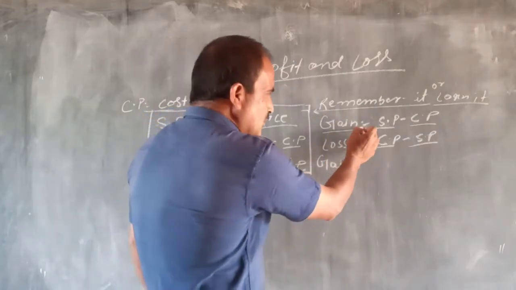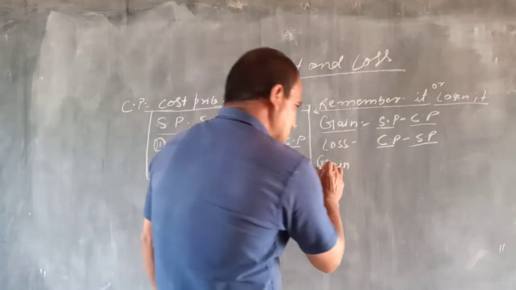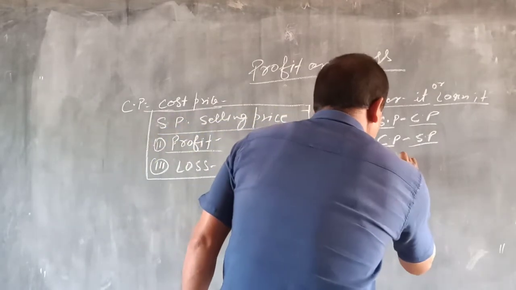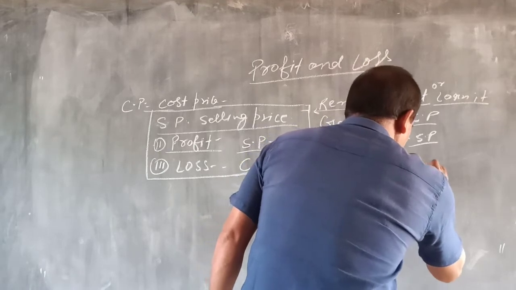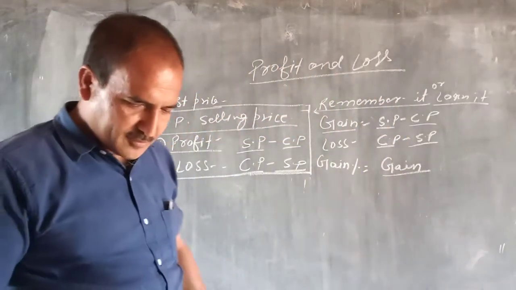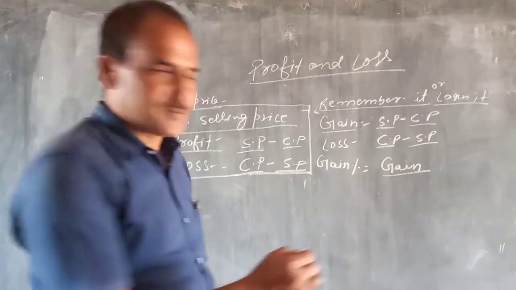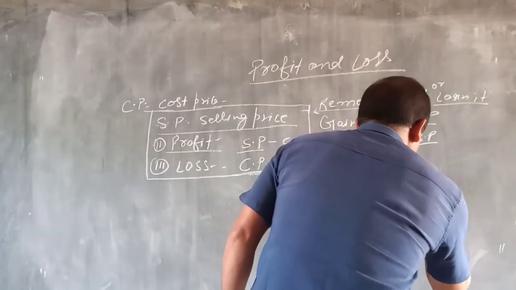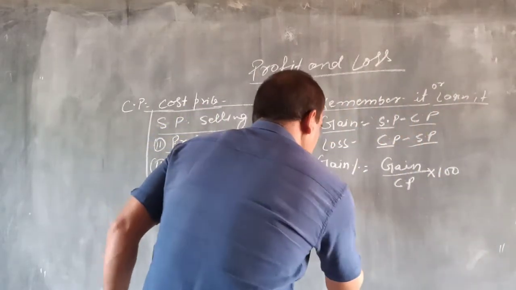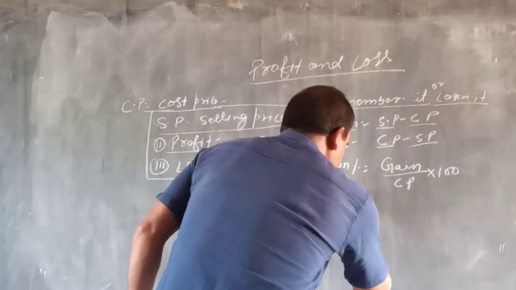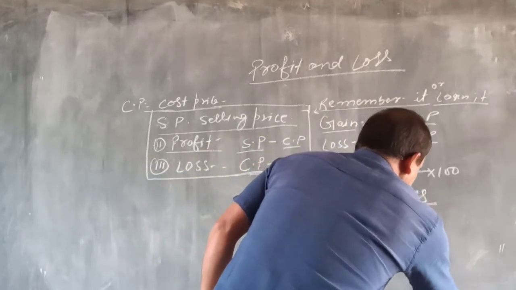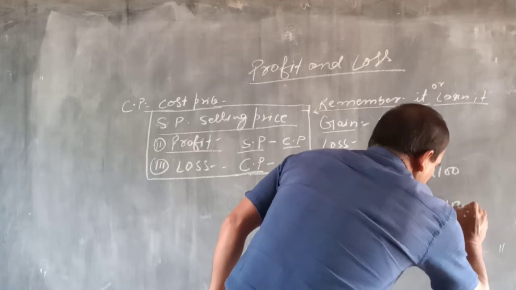Gain and profit have the same meaning. Gain percentage is gain by CP into 100. And loss percentage is equal to loss by CP into 100.